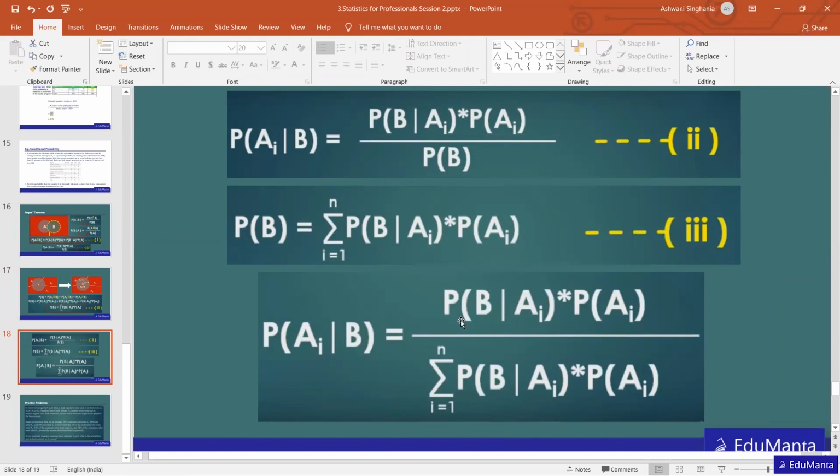So what we need is the probability of defaulters in case of A1.